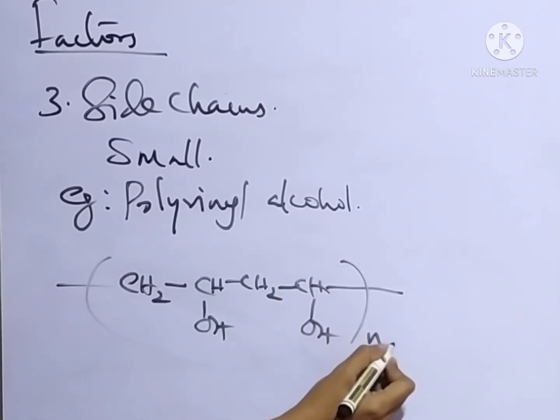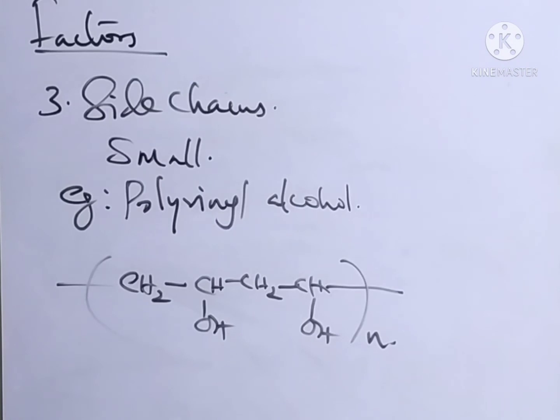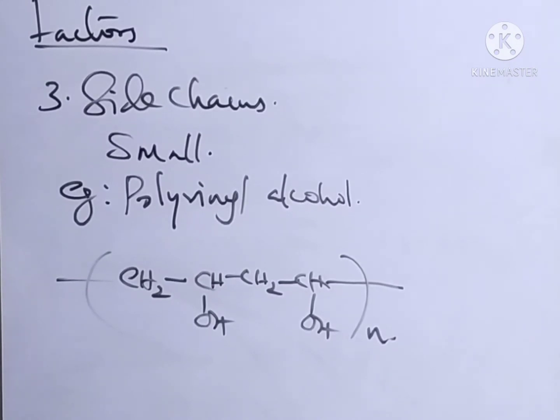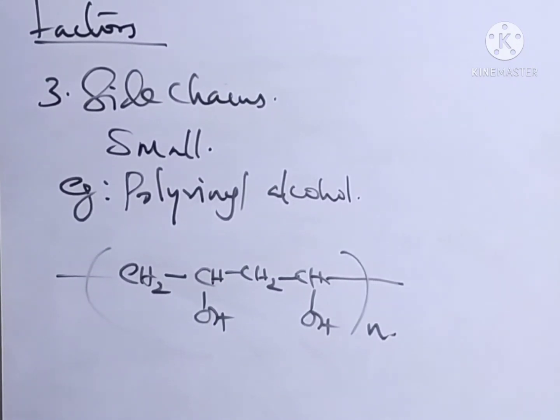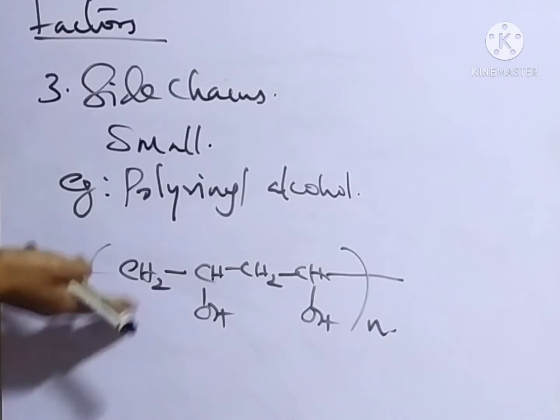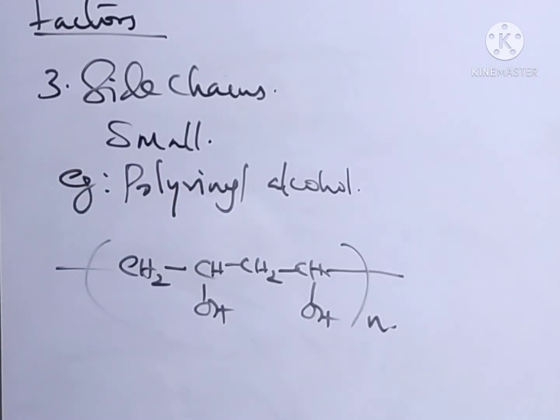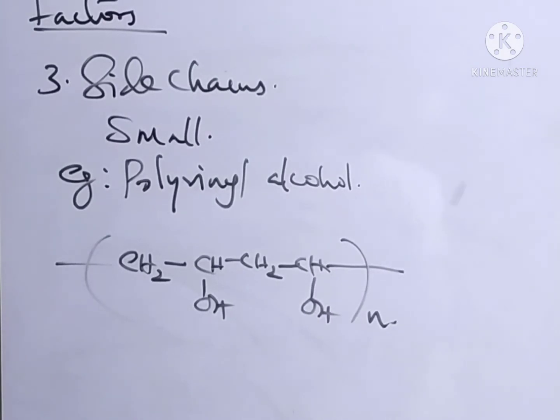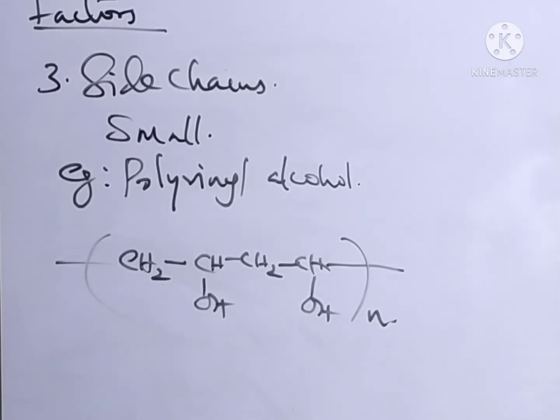So we can write it as n times. So this is the basic structure of polyvinyl alcohol. The presence of this OH group increases the structural regularity, and hence the polyvinyl alcohol becomes more crystalline. So these are the factors which influence crystallinity of polymers.